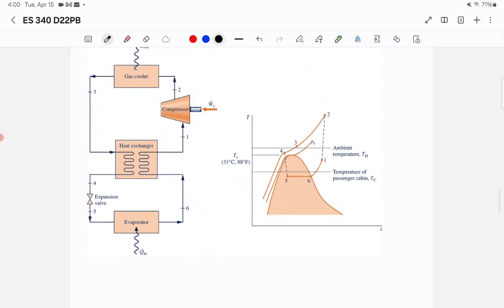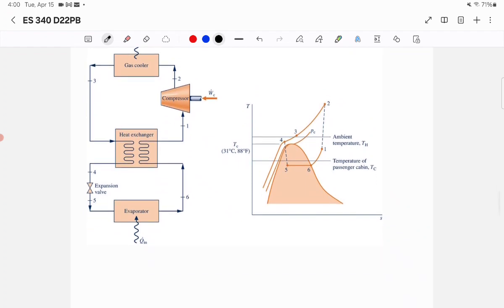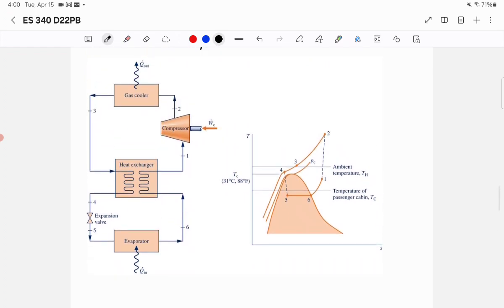So the abundance is useful, but actually coming up with a working process is a little more complicated. You can see that here, right? It's not a simple four-stage cycle. Actually, I have six points of interest. Again, I have a compressor here going from 1 to 2.